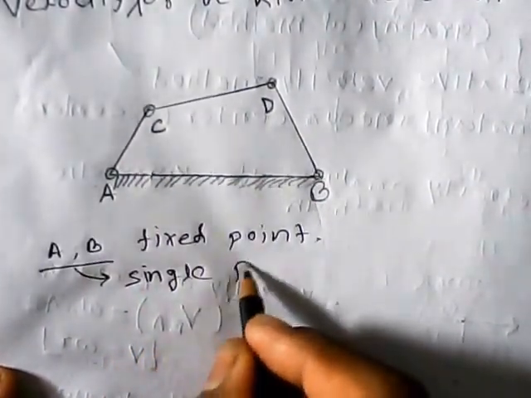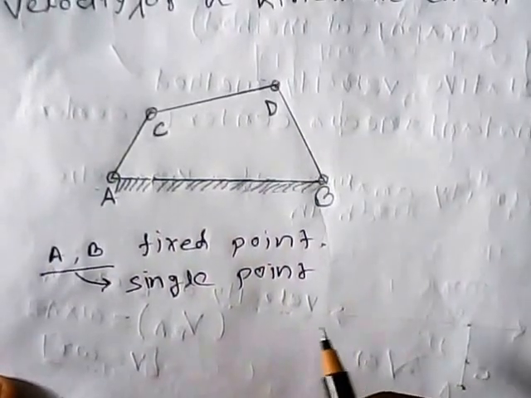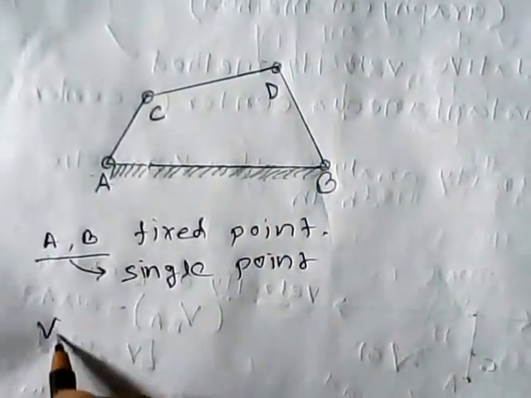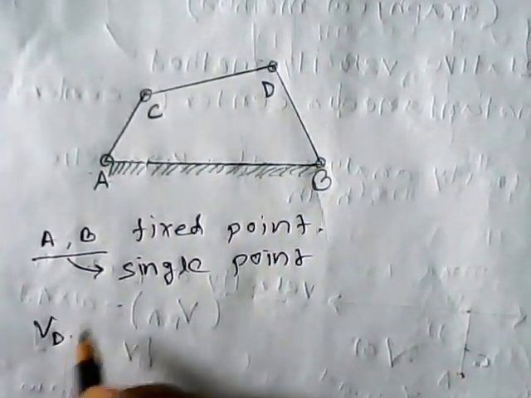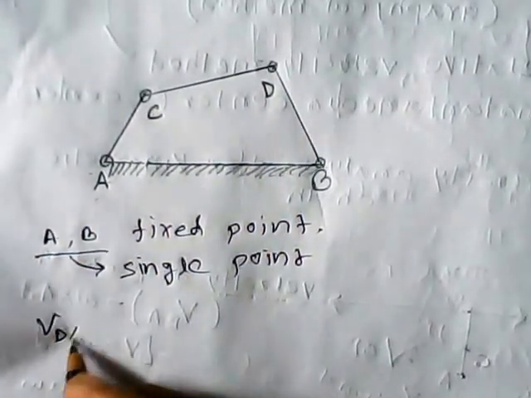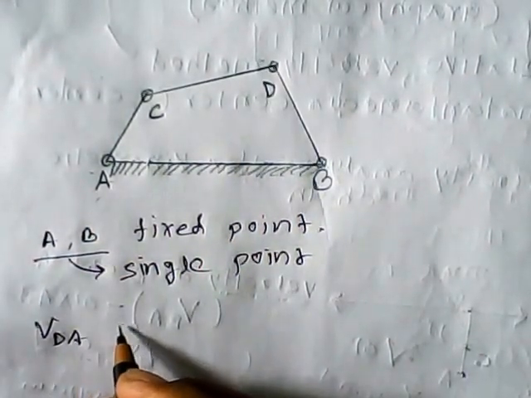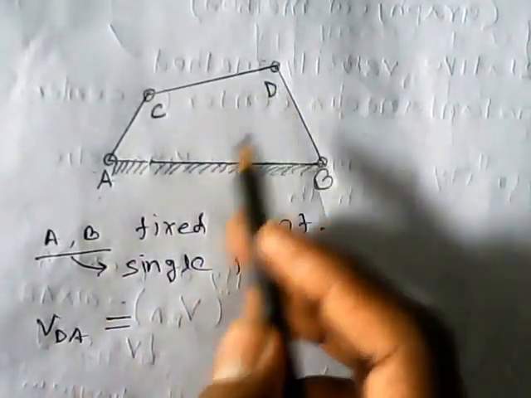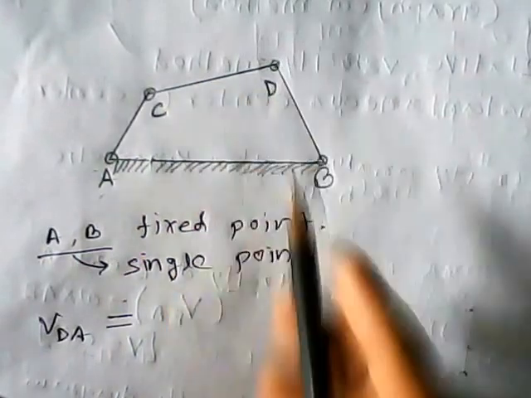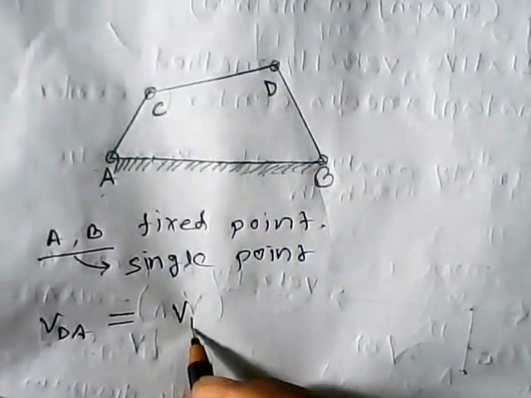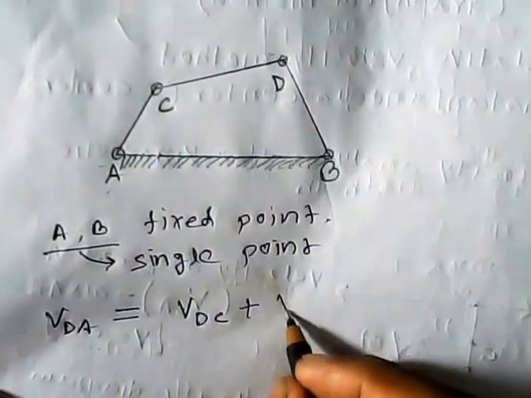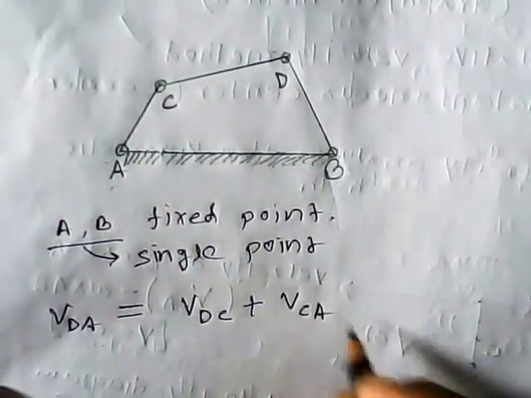So velocity of D with respect to fixed point A we have to find. Velocity of D with respect to A, we can write velocity of D with respect to point C and velocity of C with respect to point A. So velocity of D with respect to C, V DC, plus velocity of C with respect to A, V CA.